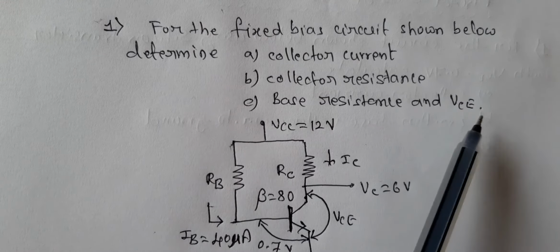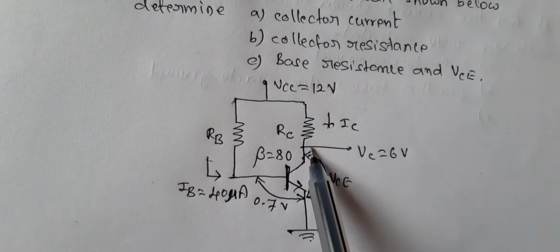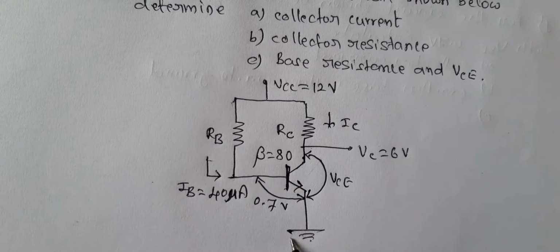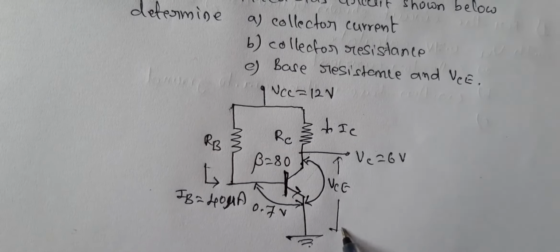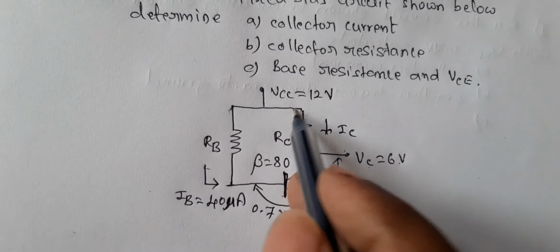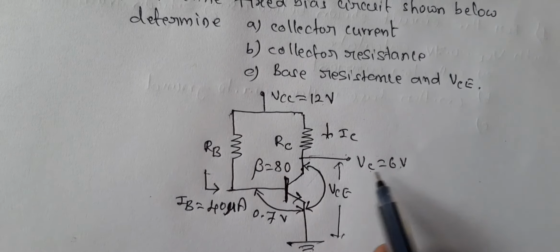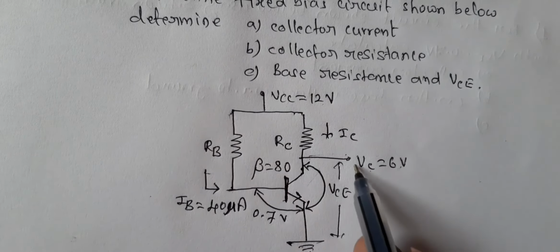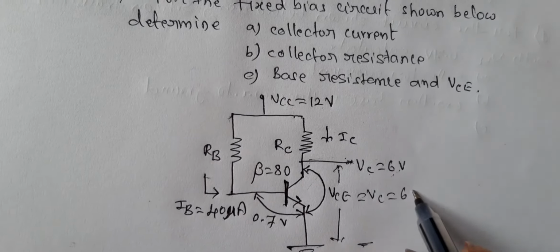Also the collector emitter voltage, VCE. Since the emitter is ground, VC is the voltage between collector and ground, given as 6 volts. The applied voltage is 12 volts. Therefore, VCE is equal to 6 volts.